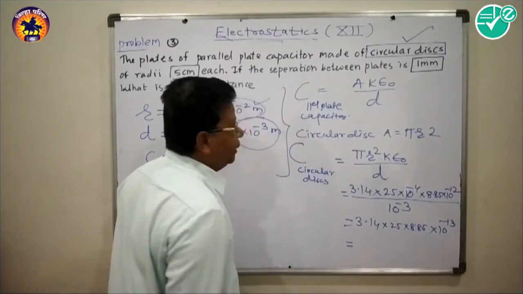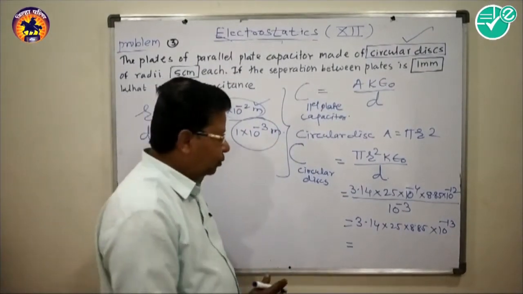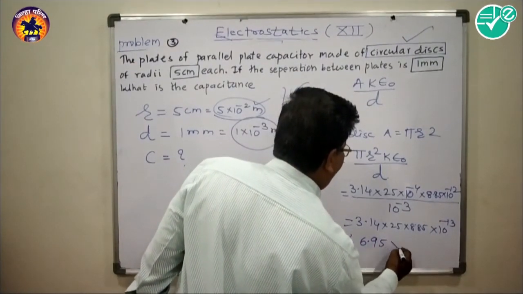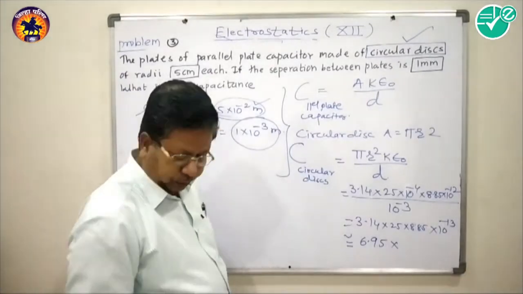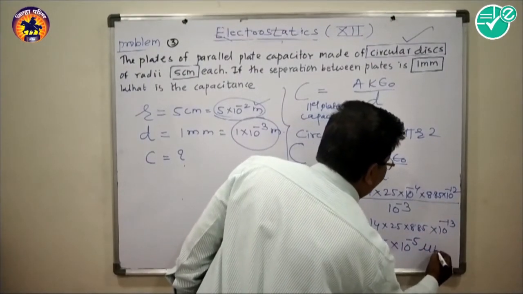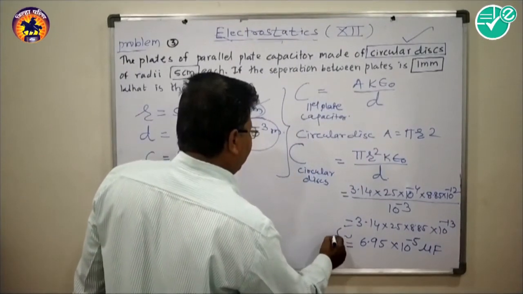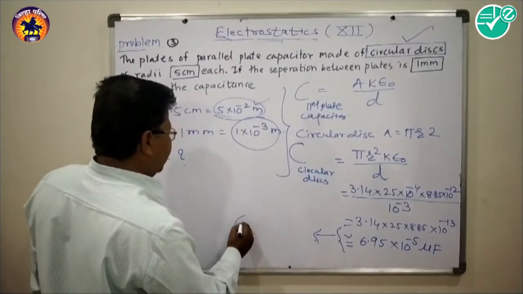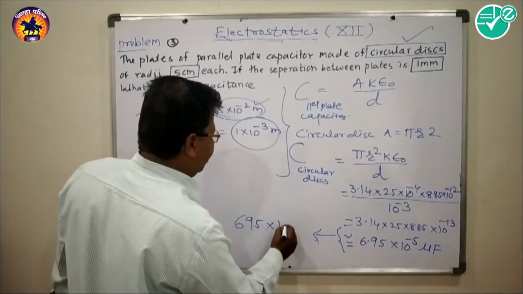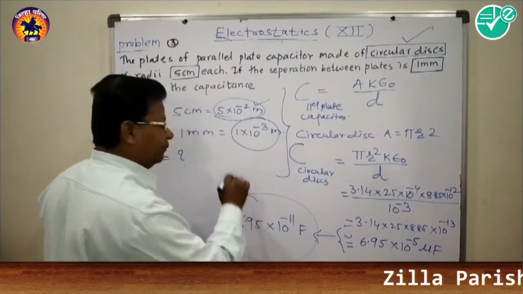And if we multiply all the terms, the answer comes out to be approximately 6.95 into 10 to the power minus 5 in microfarad. Or this answer initially comes out to be 6.95 into 10 to the power minus 11 farad.